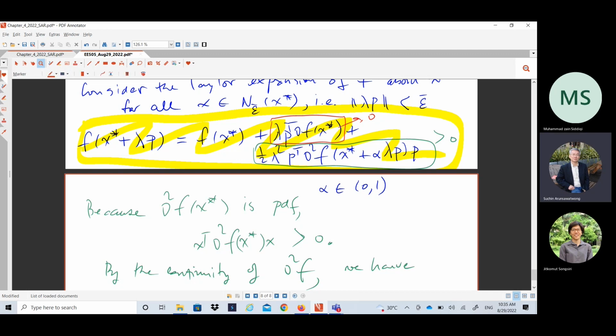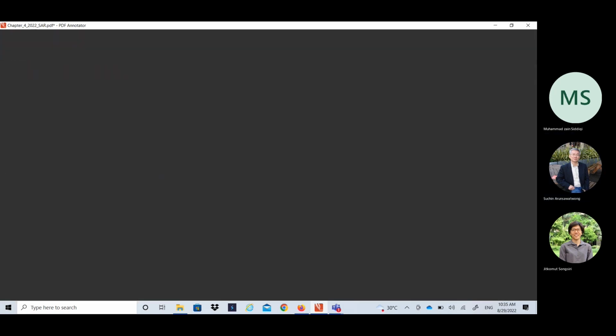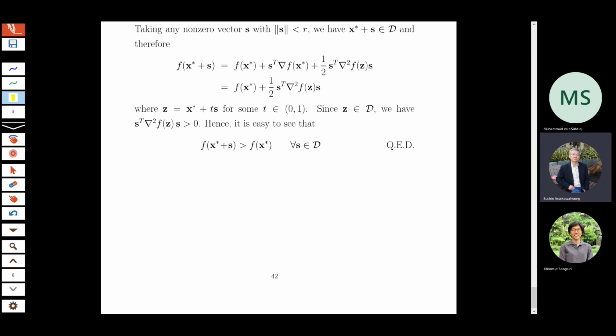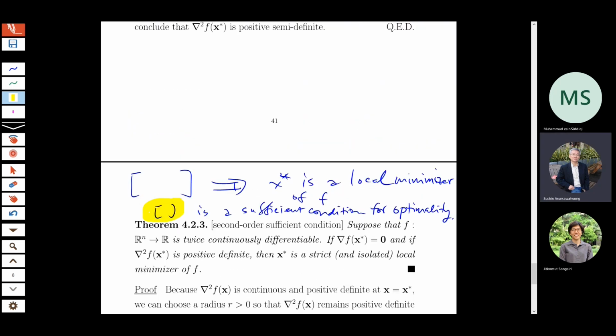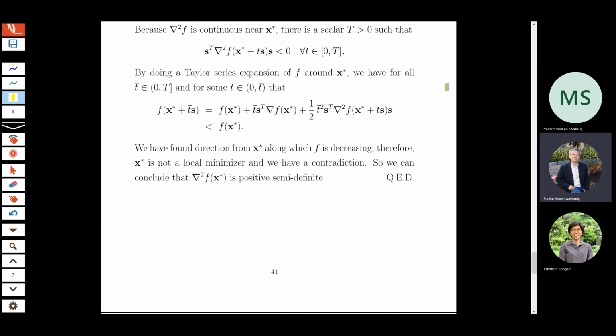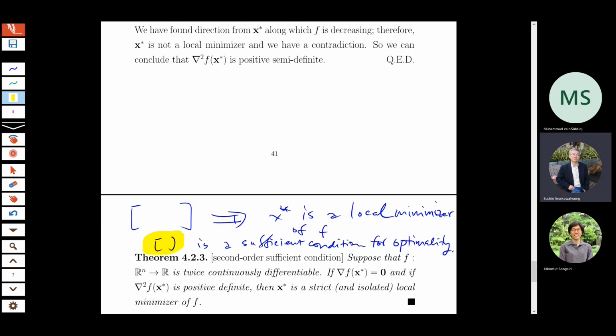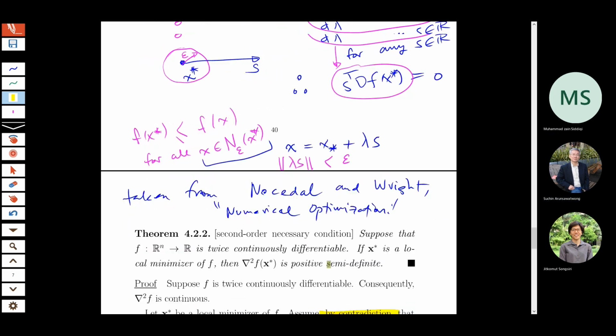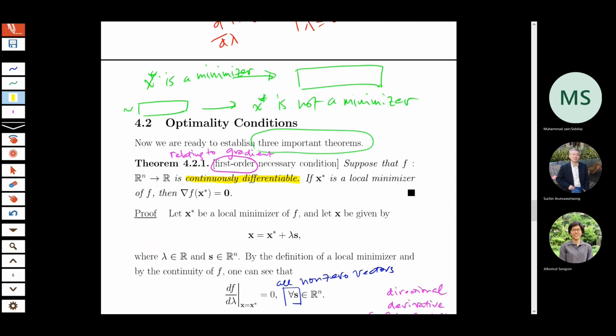Now we go back to the slide. You may wonder what is the point of doing this chapter? From this chapter, you see that now we have first order conditions.